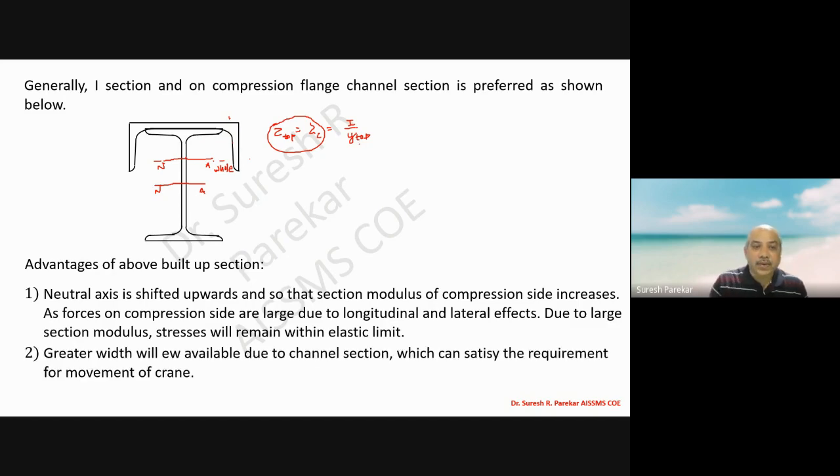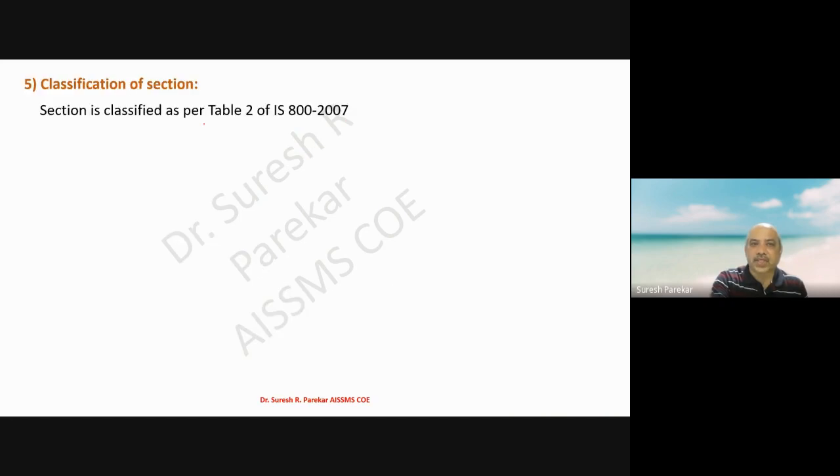And second, greater width will be available due to the channel section, which can satisfy the requirement for movement of the crane. For the crane, we have to provide a crane rail and all related components to that crane rail, and that we can satisfy by this channel section. So these two advantages we have when we go with the channel section.